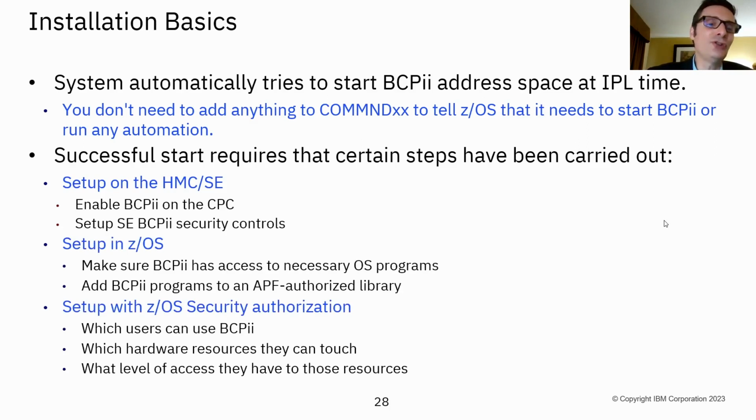So these are usually three distinct personas within your shop. The person that has control of the HMC SE is probably not the same as the person that has authority as your zOS sysprog, which is not the same as your zOS security administrator. So again, for the setup on the HMC, I have to enable BCPii on the CPC.